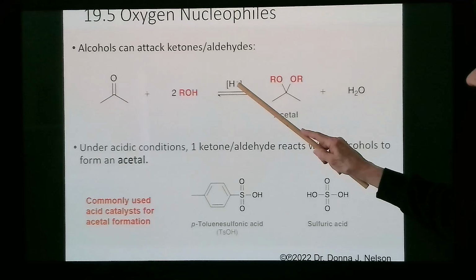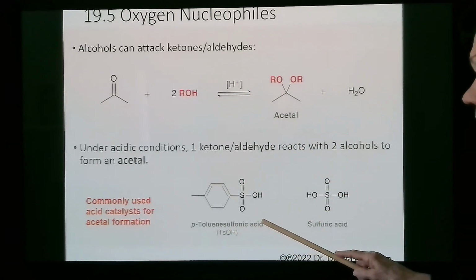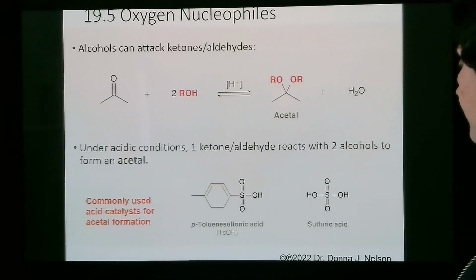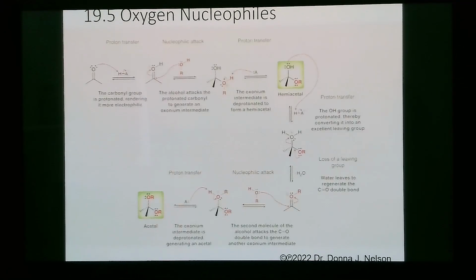Commonly used acid catalysts are para-toluene sulfonic acid, or tosyl acid, or sulfuric acid. Now let's look at the mechanism here.